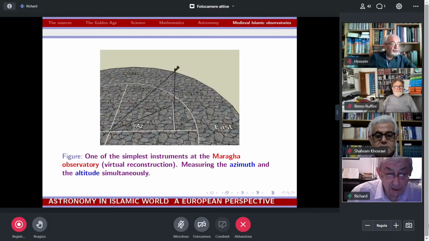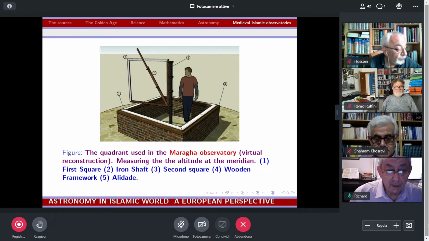You see, it is like this. This is called the alidade. You can observe something and then you get directly the sine and cosine of the angle and the azimuth. You can have two angles, the azimuthal angle and the altitude. This is another instrument that was in Maraga, also very simple.